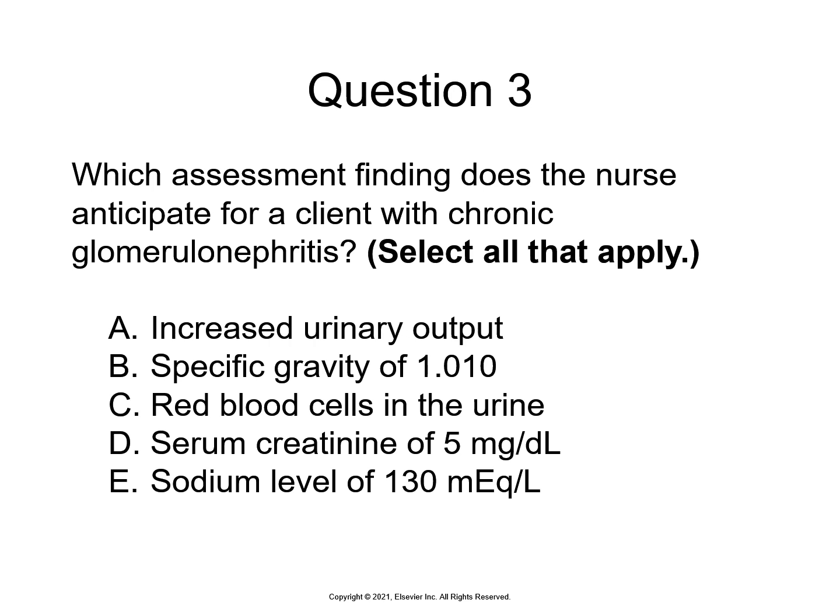Question 3. Which assessment finding does the nurse anticipate for a client with chronic glomerulonephritis? Select all that apply. Now this one you got to think a little bit about, right? This is chronic glomerulonephritis. Would they have increased urinary output?